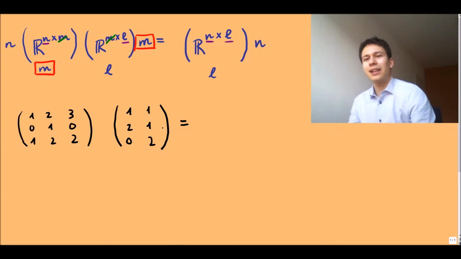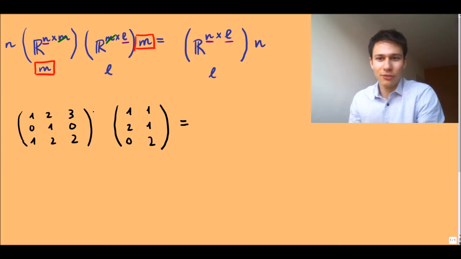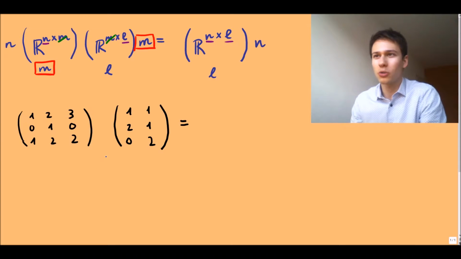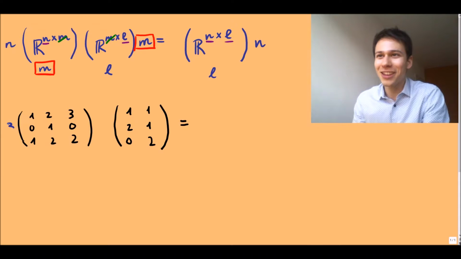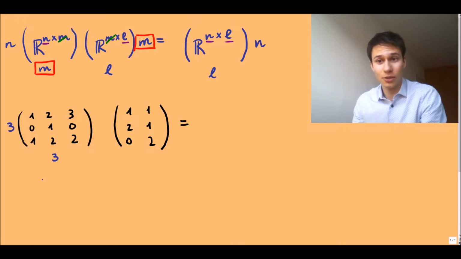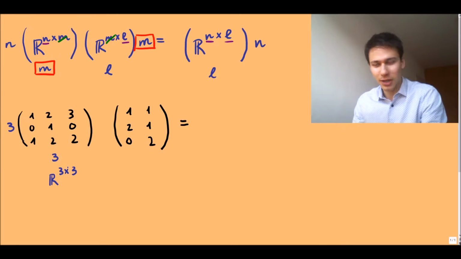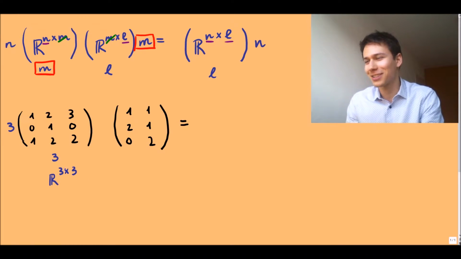Let's first look if this is a valid matrix multiplication by doing a dimensional analysis. So let's count. We have 3 rows in this case and 3 columns. So this is an R^(3×3) matrix. So it is a square matrix, which is a nice matrix.